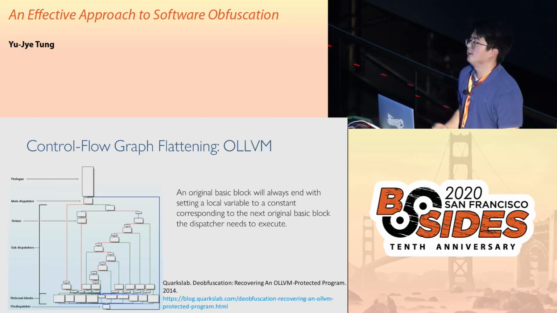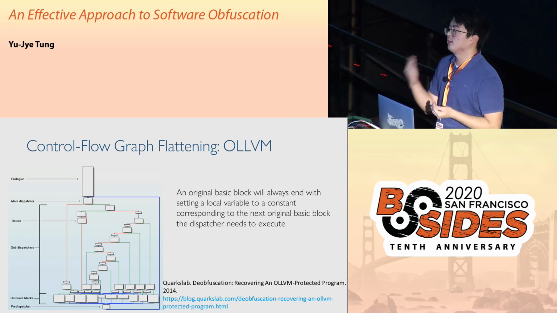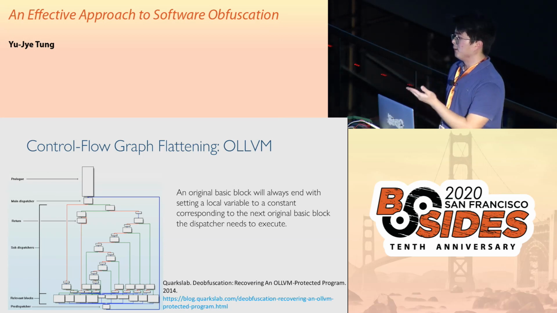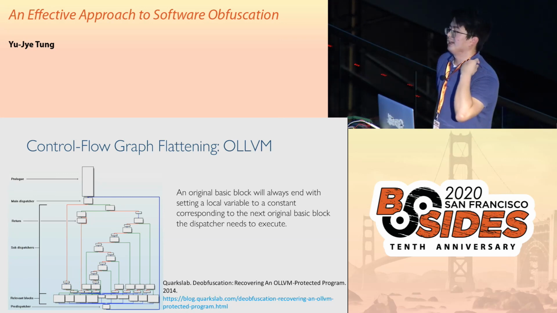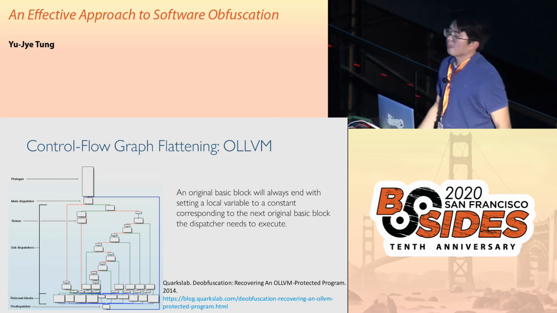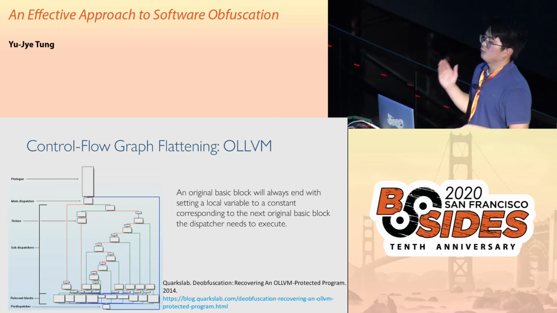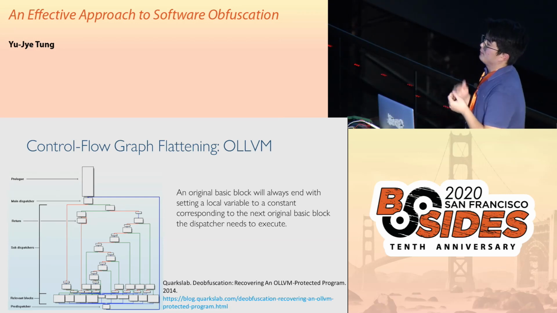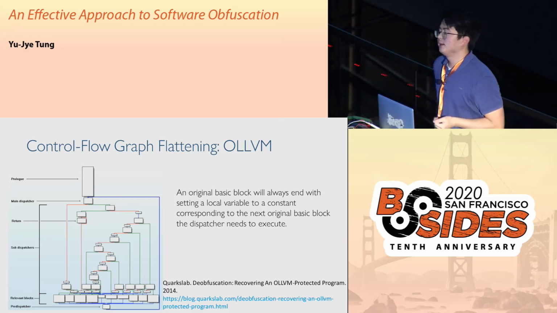Let's take a look at OLLVM's implementation of control flow graph flattening. OLLVM is a publicly available obfuscator that you can find on GitHub. An example of code transformed by OLLVM is shown in that particular CFG.